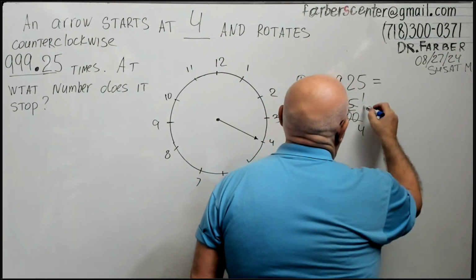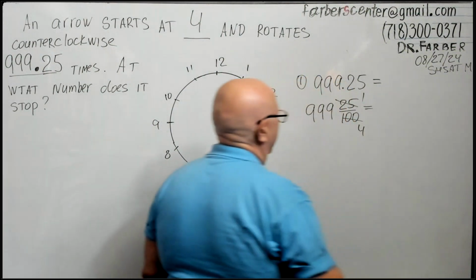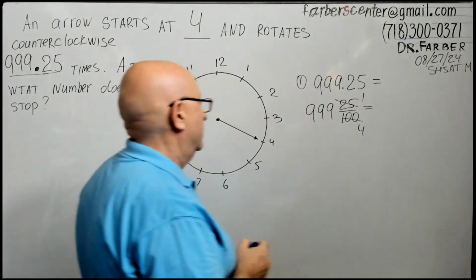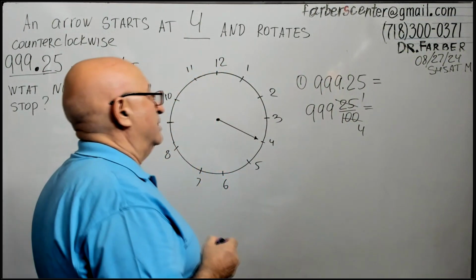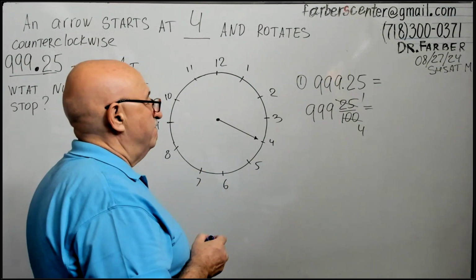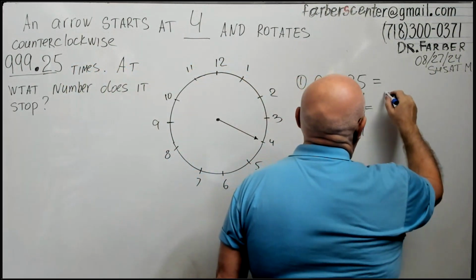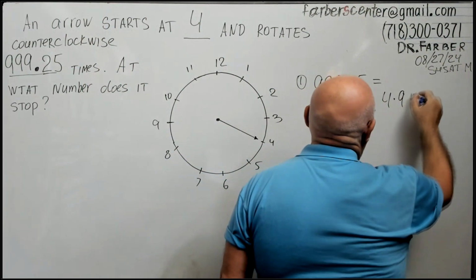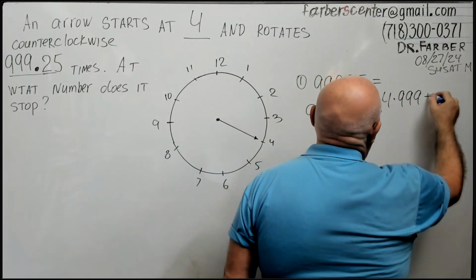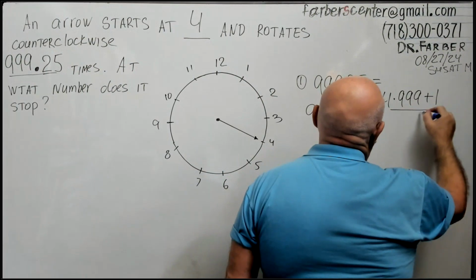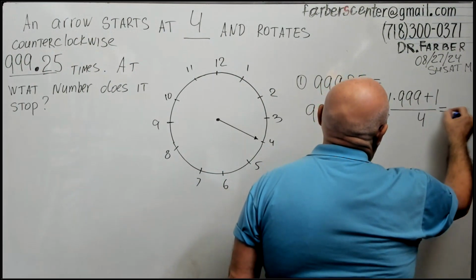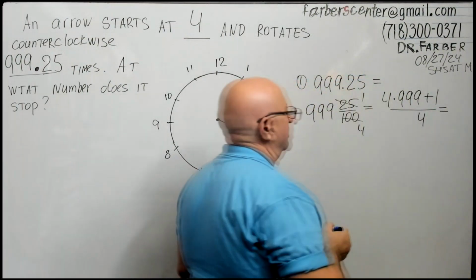If you name this a mixed number, how do you convert a mixed number to an improper fraction? Because you can't operate with a mixed number nicely, right? You multiply 4 times 999 plus 1 and divide by 4. So far so good.